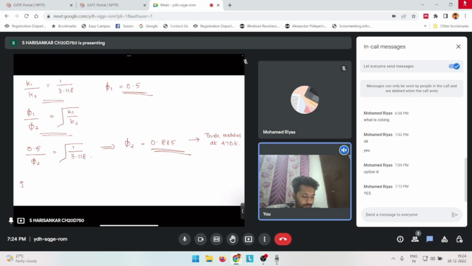So our internal effectiveness factor eta will be equal to tan h phi by phi, and that is basically tan h 0.885 by 0.885, and this will be approximately equal to 0.885.